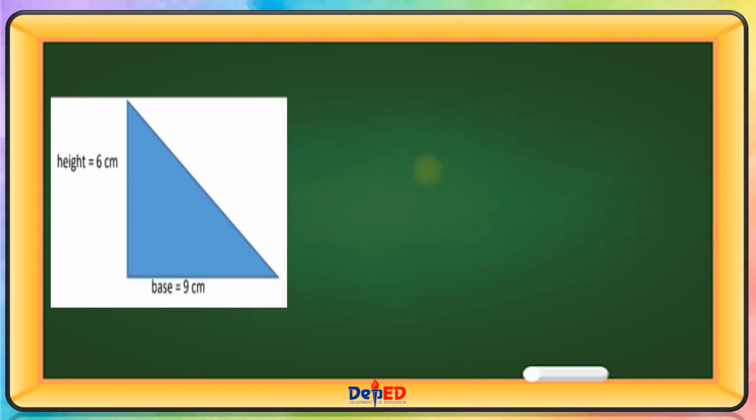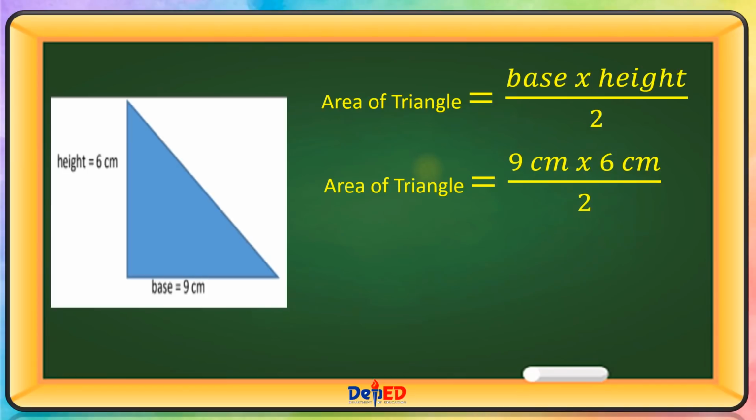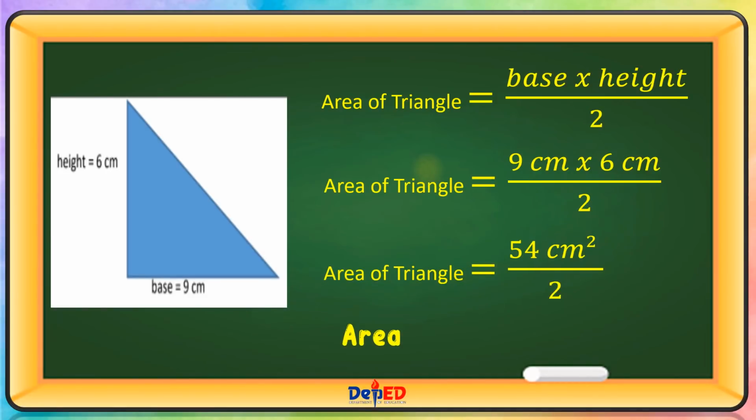Here is an example. Area of triangle, base times height divided by 2. 9 cm is the base and 6 cm is the height, divided by 2. 54 cm squared divided by 2 equals 27 centimeters squared.